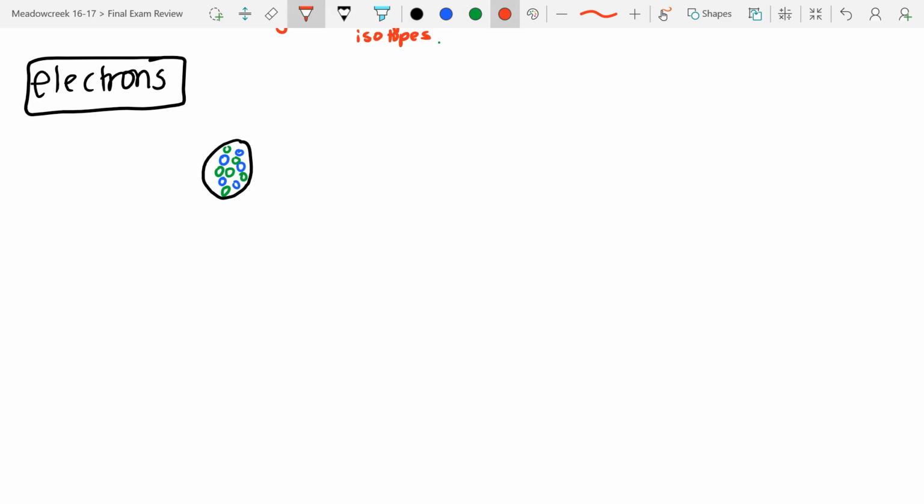Okay, so let's say the red dots are going to be electrons. And the closer you are to the nucleus, the more likely you are to find an electron. And the farther away you get, the less likely your probability is.